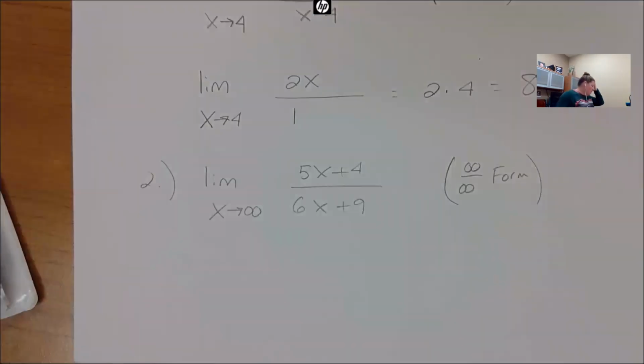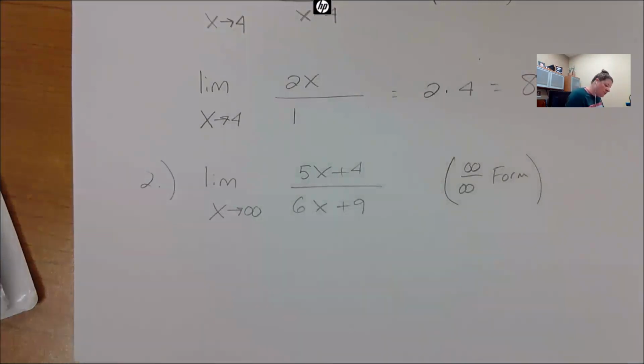So we are in that form right now. Most of you are probably like, well, the answer is 5 sixths. I know, it is. But it really is infinity over infinity. But you're timesing that number by 5 and timesing it by 6. So it's basically going to 5 sixths because the values are the same.